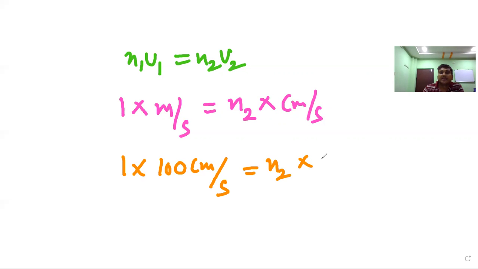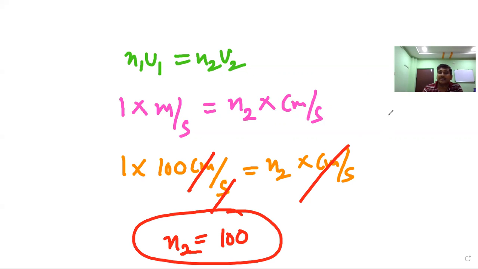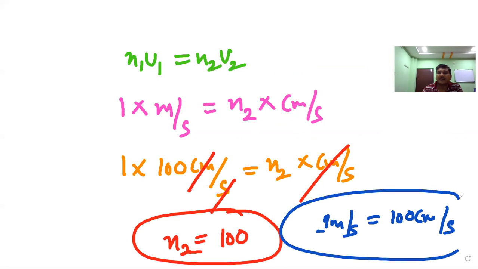N2 is centimeter per second. So here, centimeter per second on both sides goes. N2 is equal to how much? 100. So hence, the final conclusion is 1 meter per second is 100 centimeters per second. Solution.